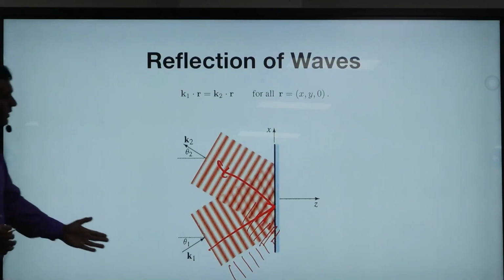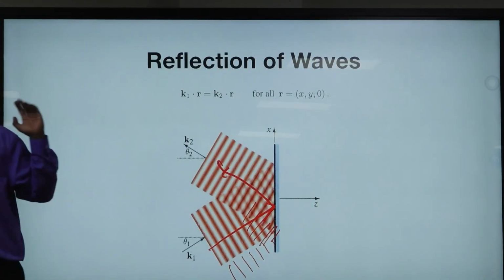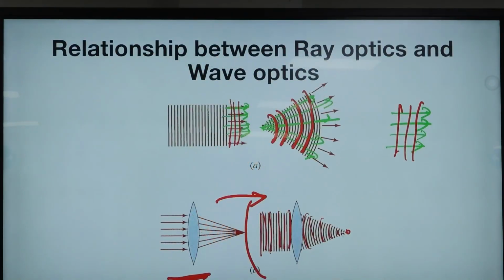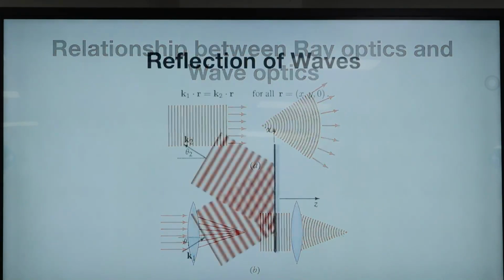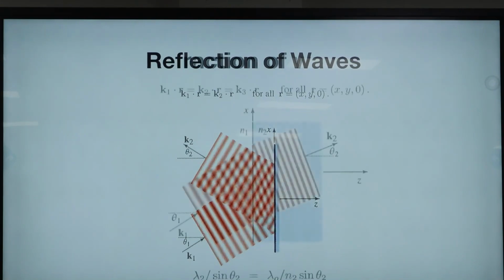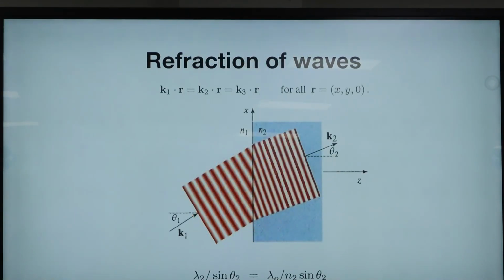So this is the wave optics picture of how light reflects from a mirror. We saw the wave optics picture of how light travels through a lens, and this is the wave optics picture of how light travels and reflects from a mirror. And this is the wave optics picture of how refraction happens.